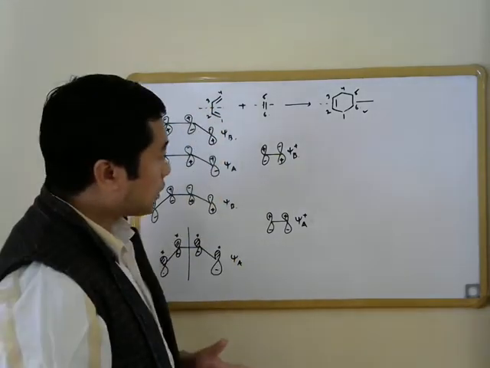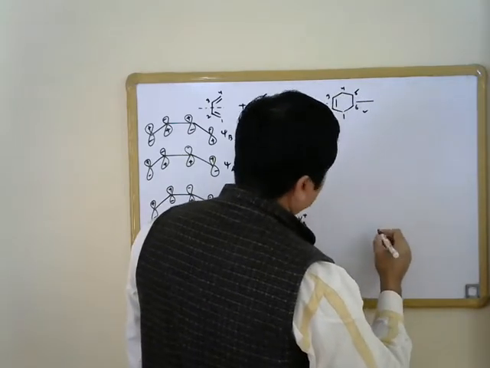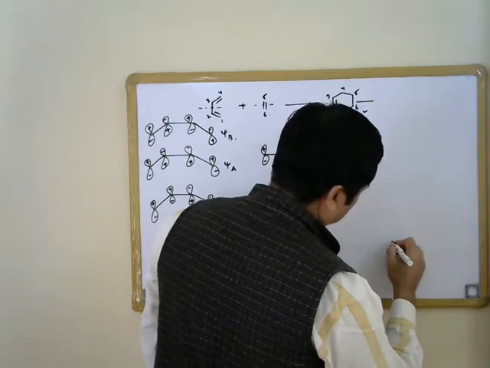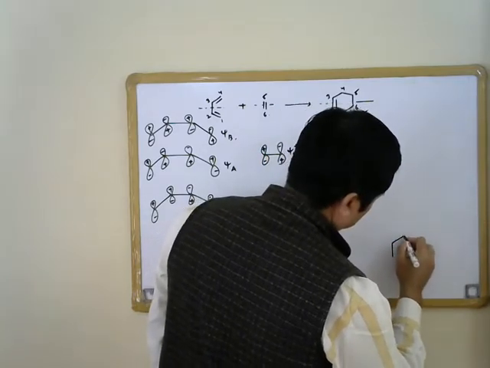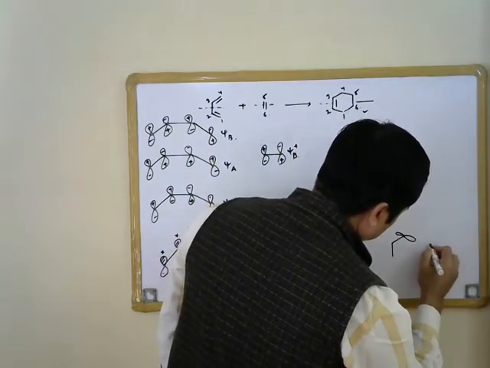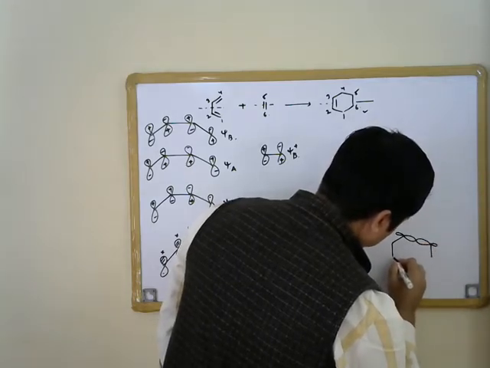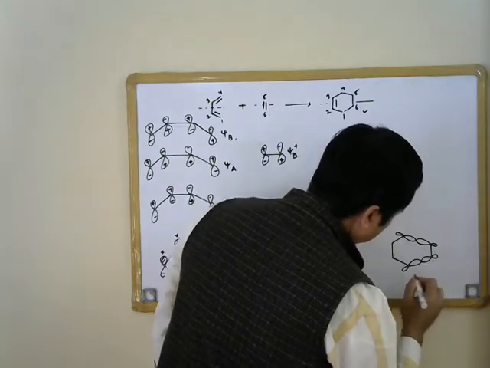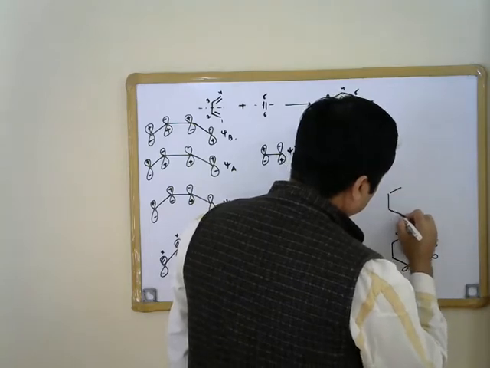So we have two sets of orbitals once again, and for the sigma bonds, if we draw here, there are going to be four molecular orbitals again.